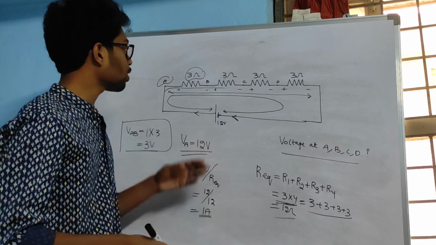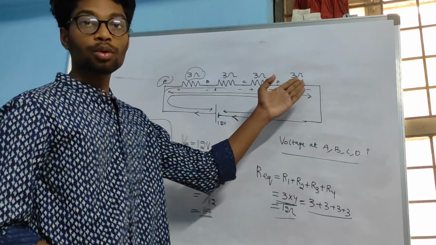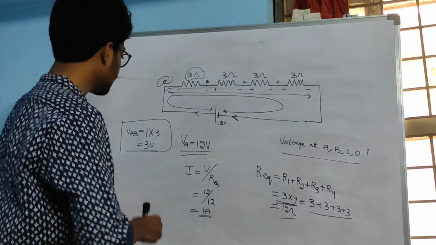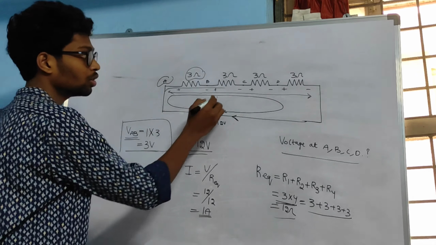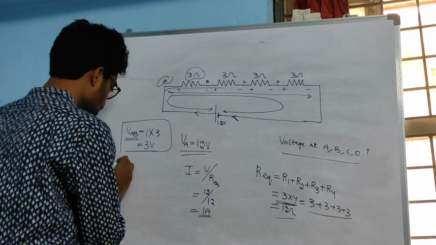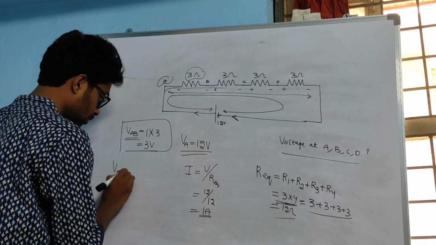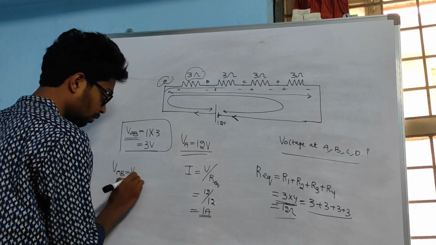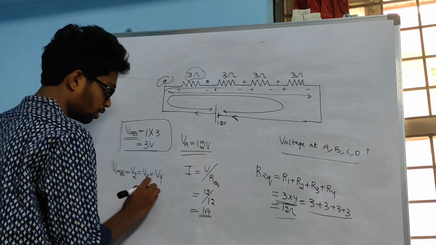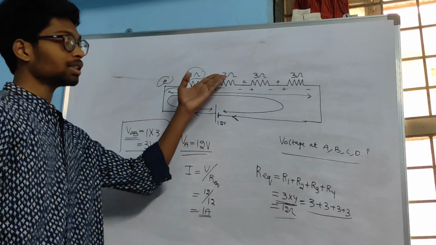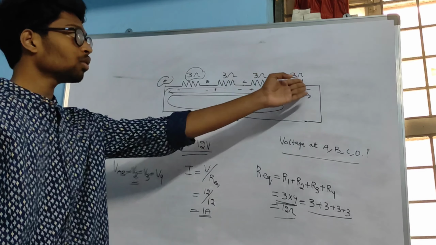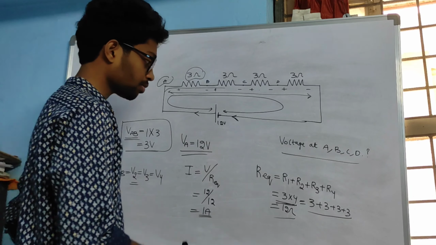As here we have got equal resistances, the voltage drop across each resistance will be the same. So I am taking VAB is equivalent to V2, V3 and V4. VAB is equivalent to V2, that is equal to V3, that is equal to V4. Where V2 is voltage drop across second resistance, V3 is voltage drop across third resistance, where V4 is voltage drop across fourth resistance.